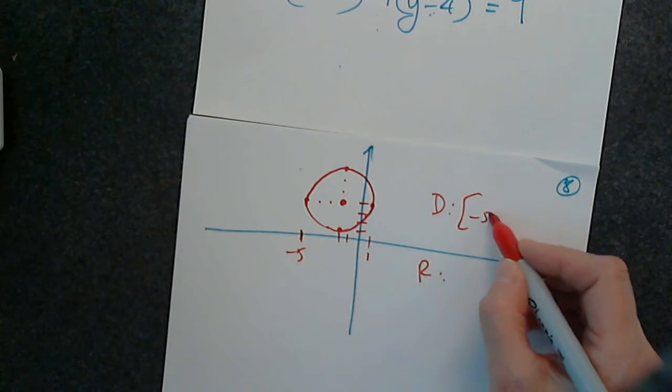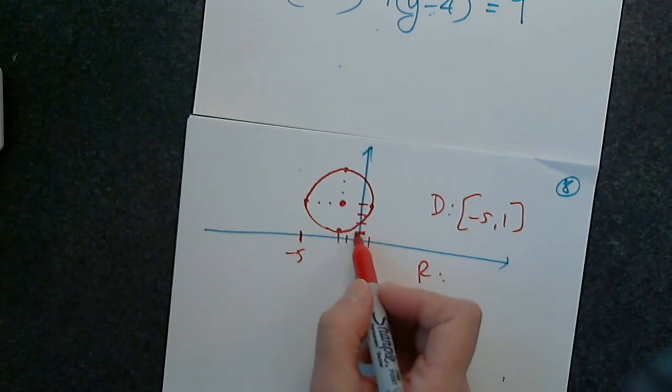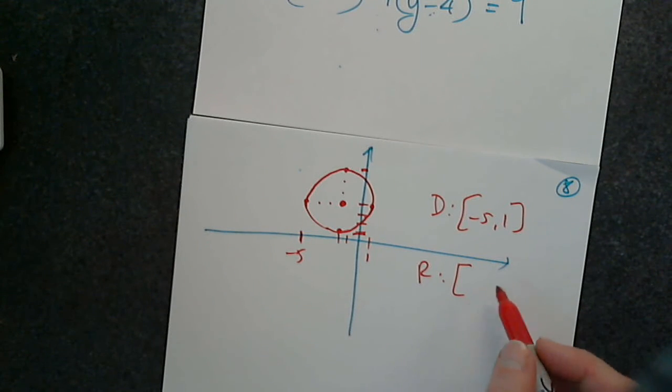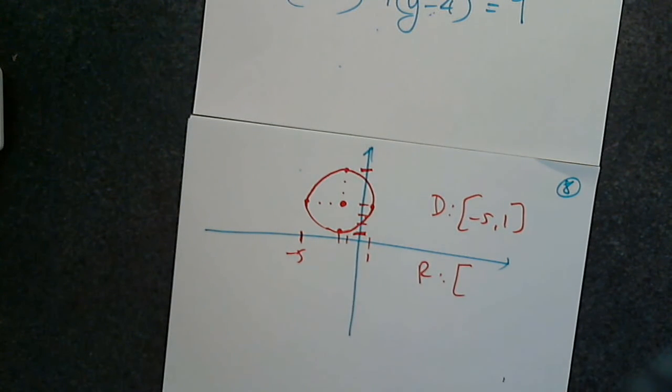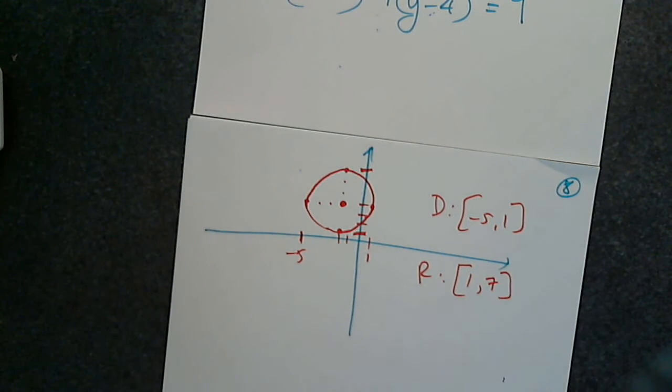That's it. Can anyone give us the range of the circle? 1, 7. That's it. Great job.